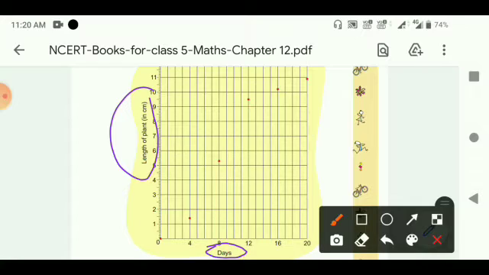In the first 4 days, the plant grew to 1.4 centimeter. So these are 0 to 4 days and here is 2 and here is 1. So 1.4 centimeter is here. So Amit put a dot at 1.4 centimeter.